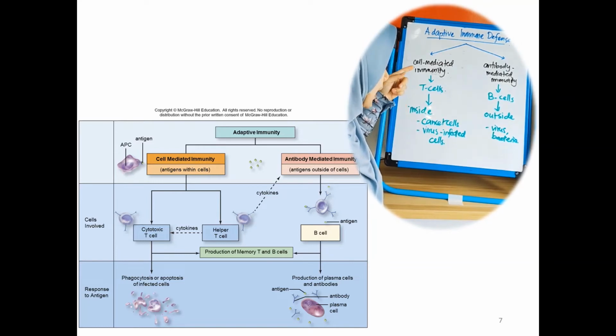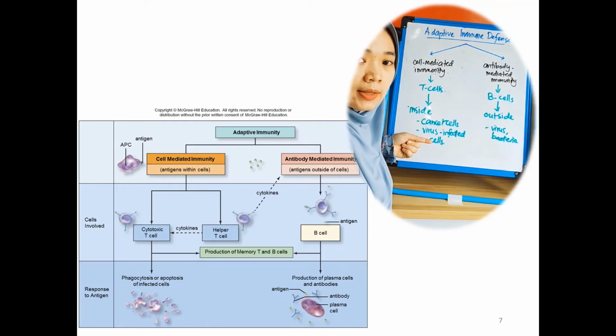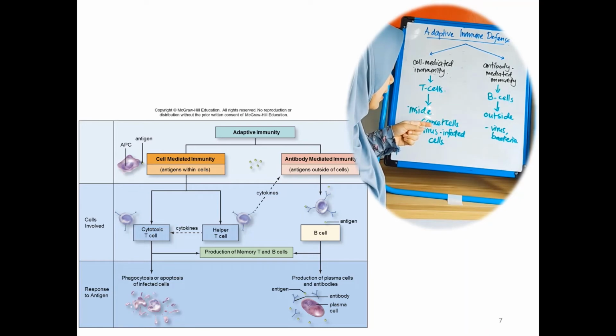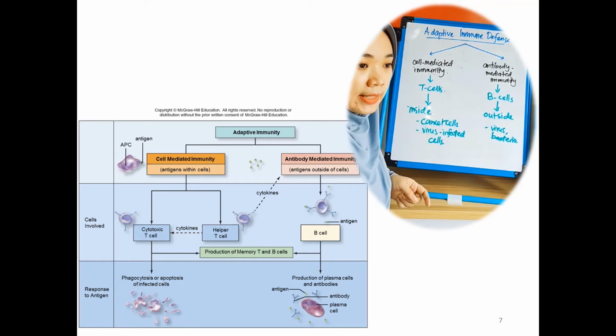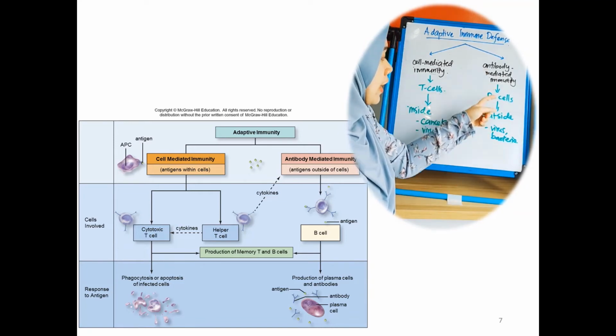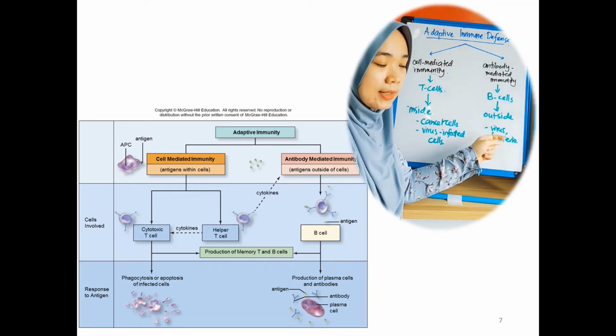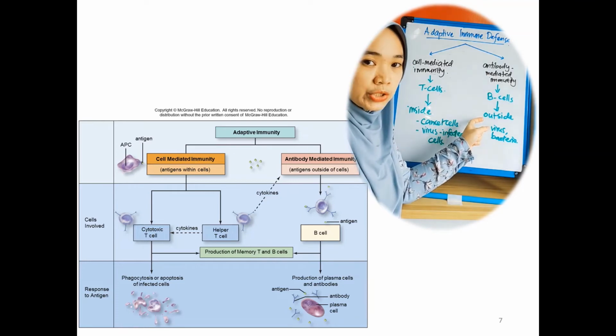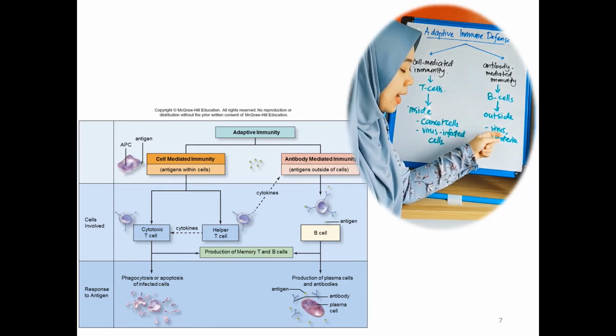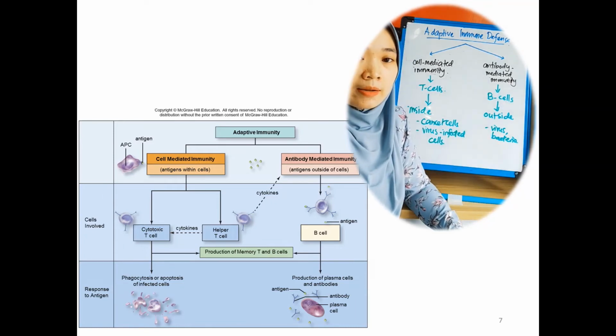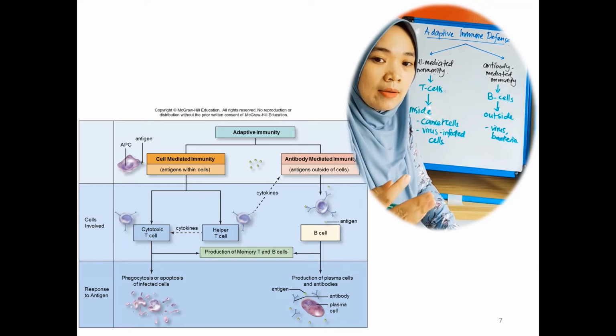For cell-mediated immunity, they will target antigen from inside the body, which is cancer cells and virus-infected cells, our body cells that are infected by the virus. For antibody-mediated, they will target pathogens or antigens outside the body, which are viruses and bacteria that are recognized before this.